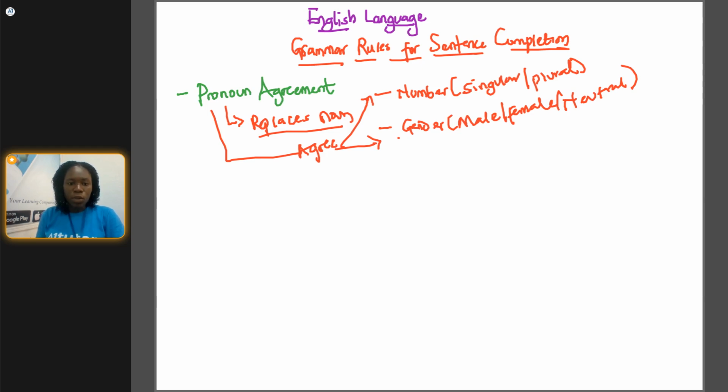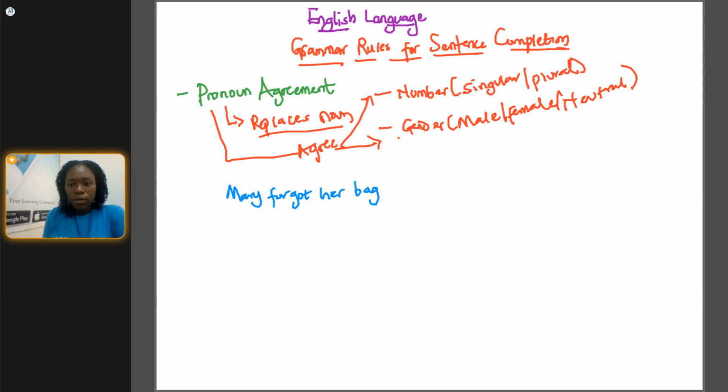We are going to look at an example so that we understand this better. A simple example we can use: Mary forgot a bag.